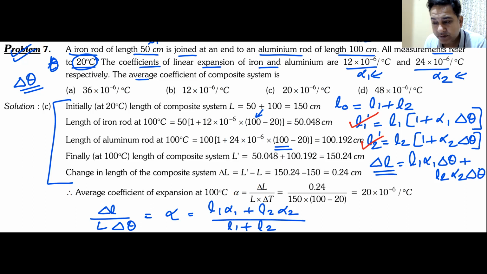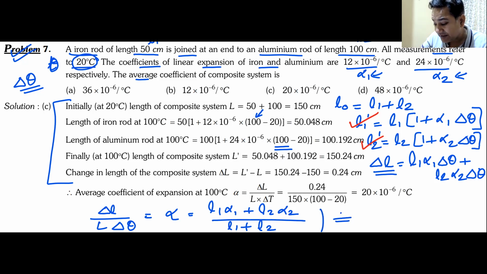Am I clear? Yes, sir. So, the moral of the story is don't do calculations in between. The better way to do any question is instead of using its values, write it as alpha 1, L1, L2, x1, x2, whatever. Get the answer in terms of these.